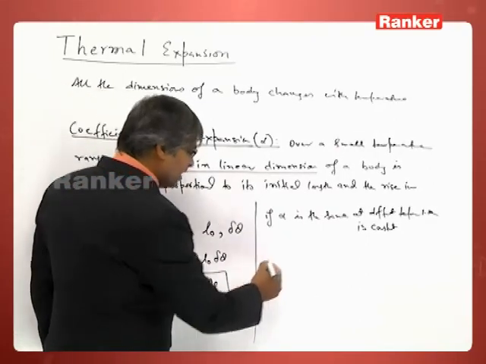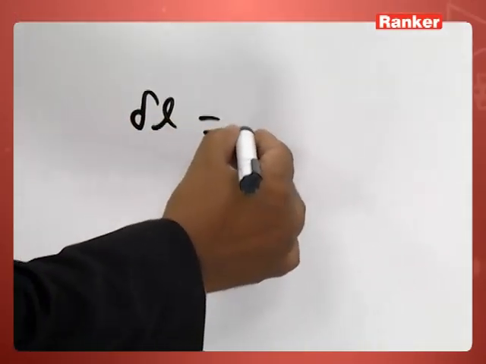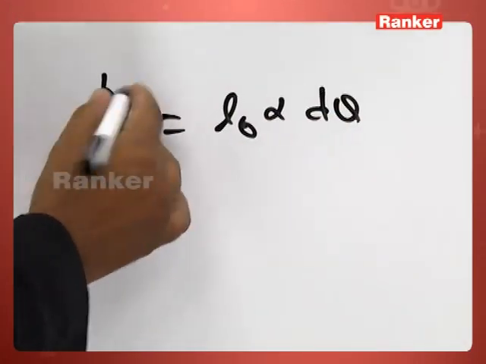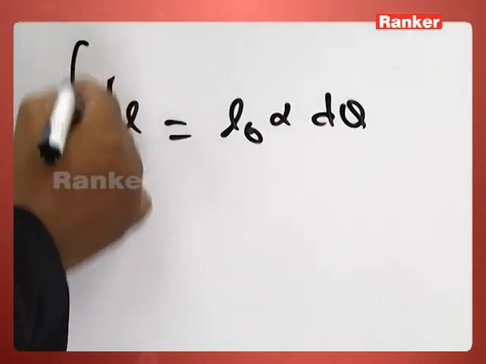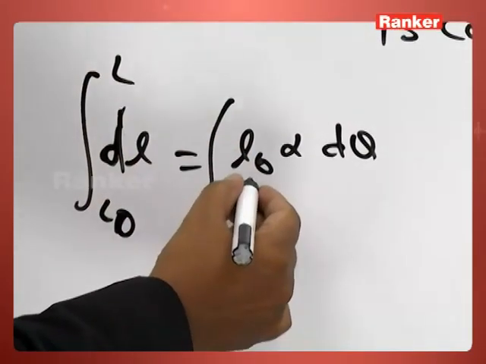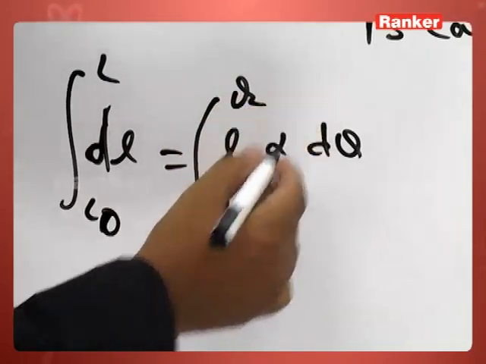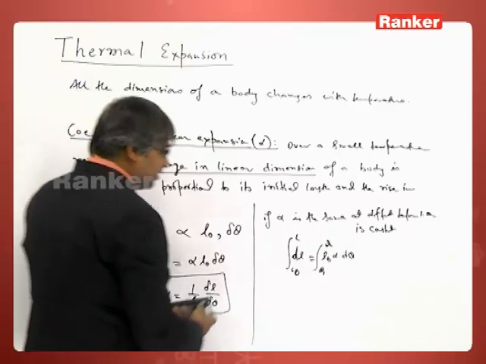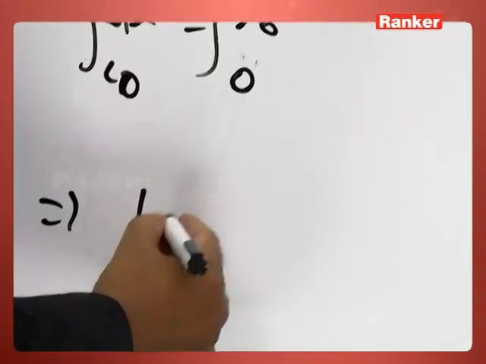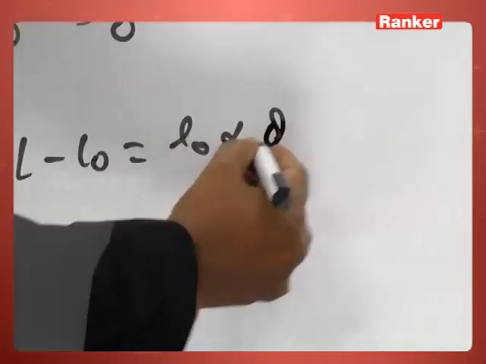So, on integration, we will get delta L is equal to L naught alpha delta theta. We will write this as dL, and then integrate: L from L naught to L, and theta from 0 to theta. So, we will have L minus L naught is equal to L naught alpha theta.